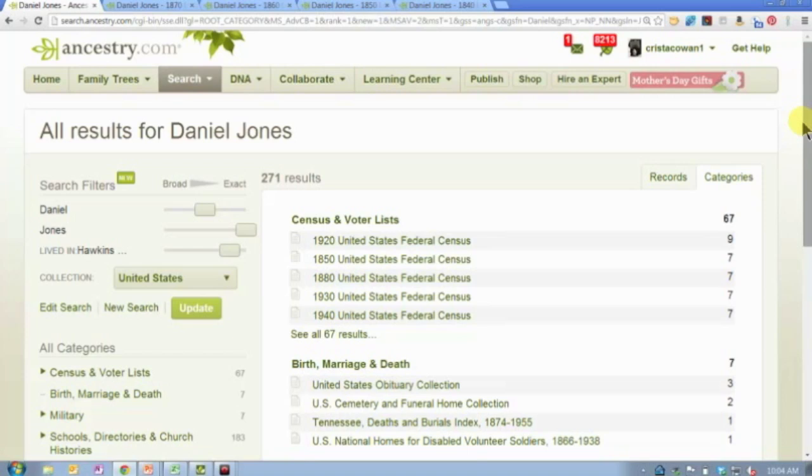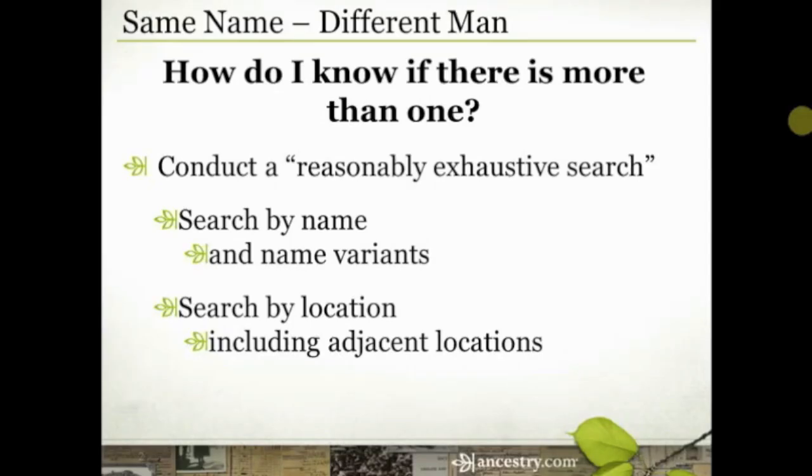Now, I use the census as the framework, like I said, but then I'm going to be looking for other records to help me support that information and to start collecting that information. Now, once you end up with all of this information collected about all of these different Daniel Joneses, now you've got to start sorting them all out. And that's where I think it gets really fun, right?